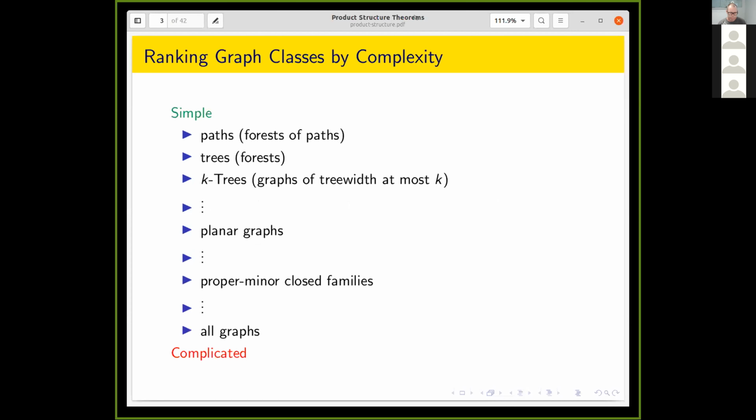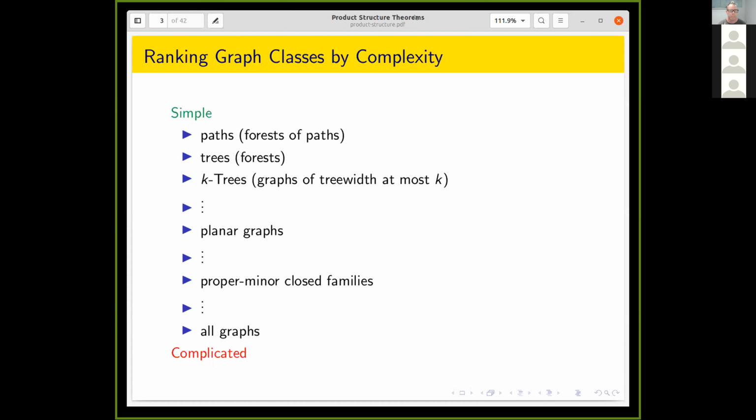Okay, so if you made a list of the graph classes that you know, or if you looked up a big list of graph classes, and you tried to order them in terms of how simple or how complicated they are, starting with the simplest ones first, you might end up with some sublist that looks like this. Somewhere near the beginning of the list, you would find paths.